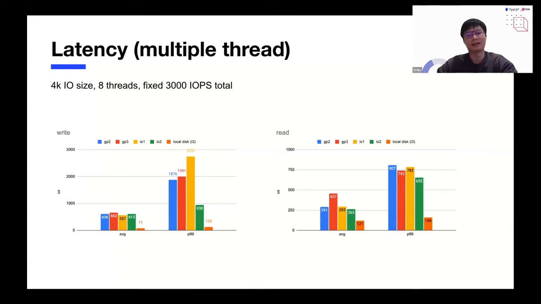Despite the latency when you only have a very light workload being higher compared to GP2, it comes with a configurable IO bandwidth. So we end up using the GP3 volume types.